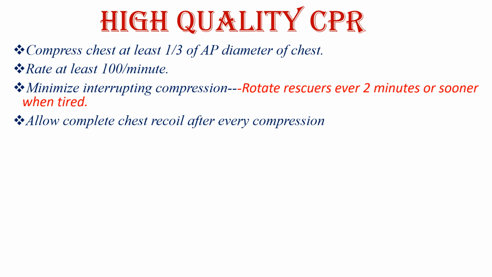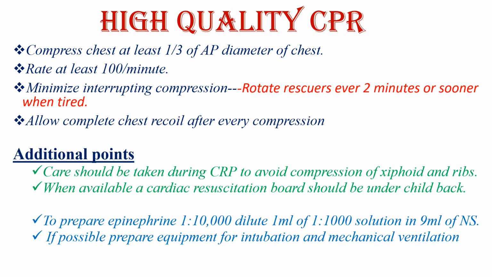Rotate rescuers every 2 minutes or sooner when tired. Allow complete chest recoil after every compression. Additional points include care should be taken during CPR to avoid compression of the xiphoid and the ribs. When available, a cardiac resuscitation board should be under the child's back. The child should lie on a flat and hard surface.